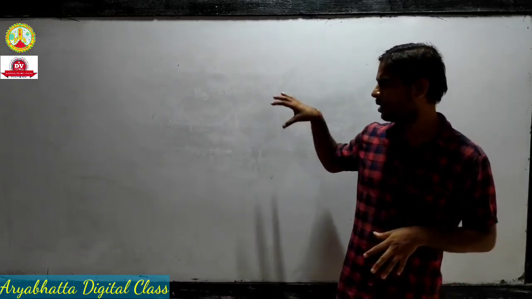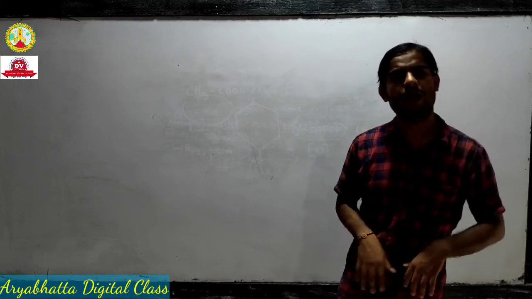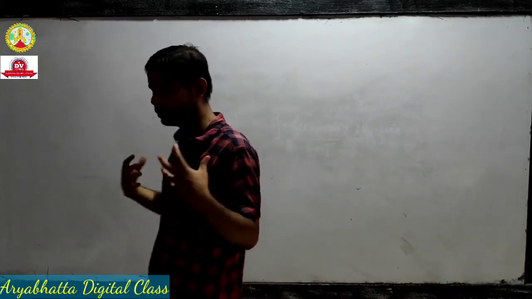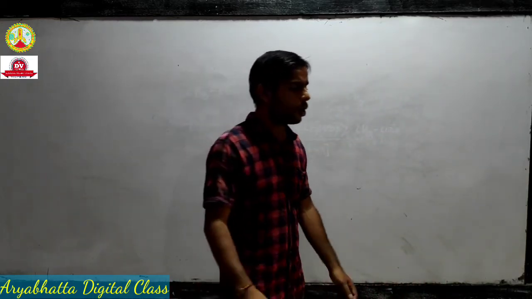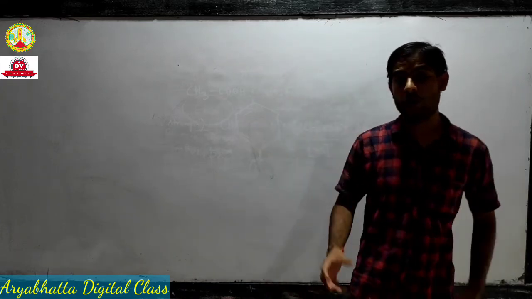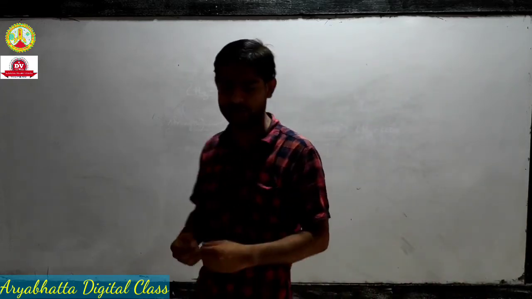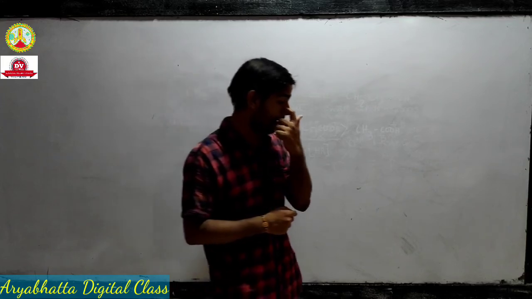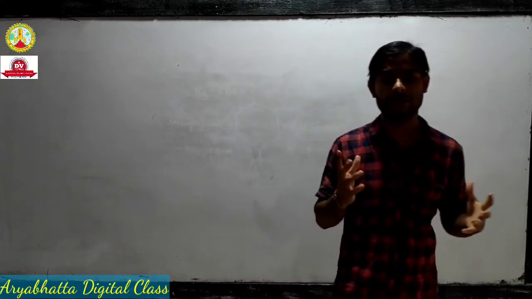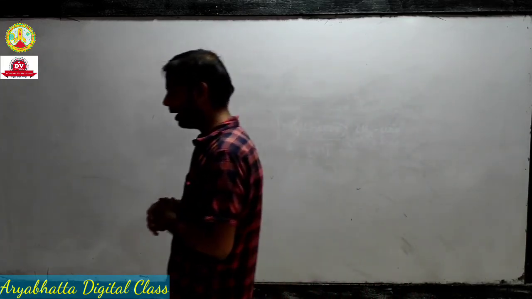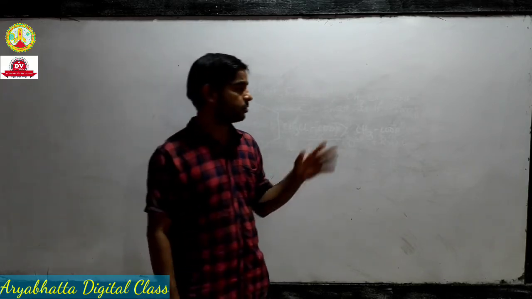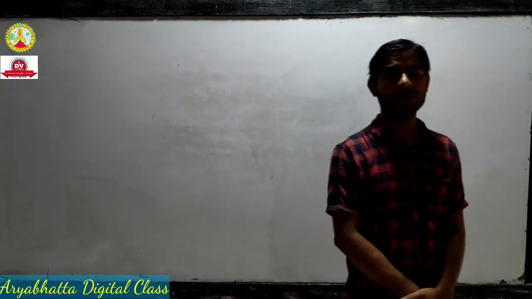We have also revised the pKa value, and how pKa determines acidity. That means if its value is low, then acidity is high, and if its value is high, then acidity is low.